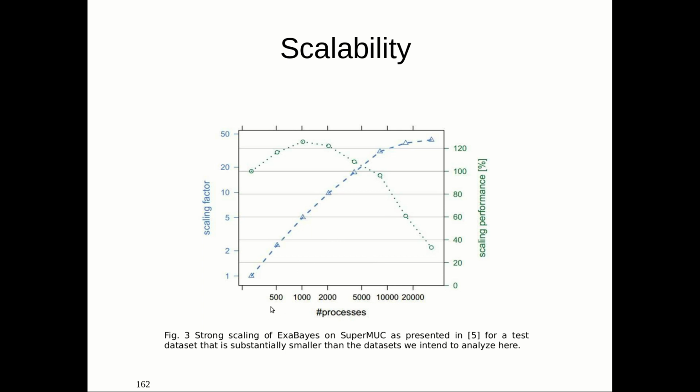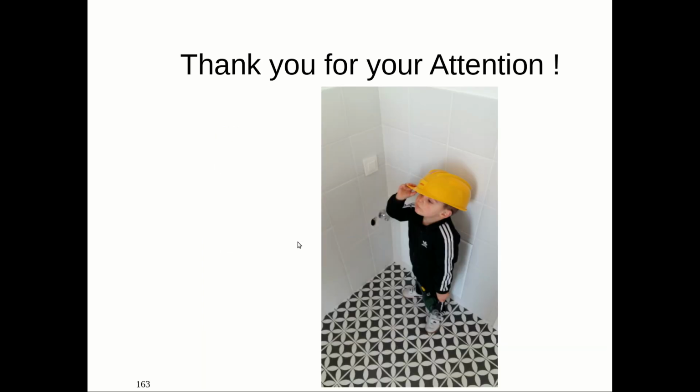So this is ExaBayes scaling on the SuperMUC computer. This is the number of processes, this is the scaling factor, and this is the scaling performance, so parallel efficiency, which you can see here is also superlinear, so above the theoretical optimum. So some plot like this is actually fine.